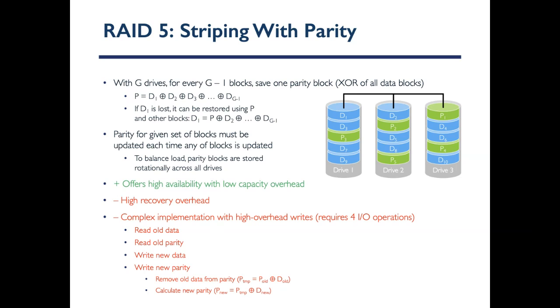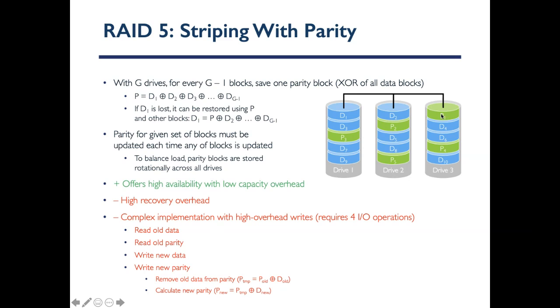And if that drive is, let's say, a flash drive, that could basically lower the life cycle of that drive. You want to balance your load. That's why, in a rotational manner, you change which drive keeps the parity for that stripe.